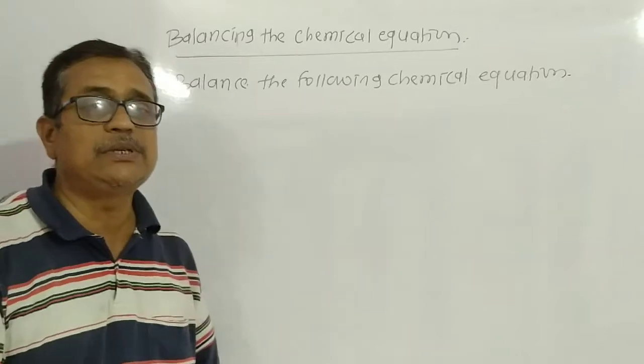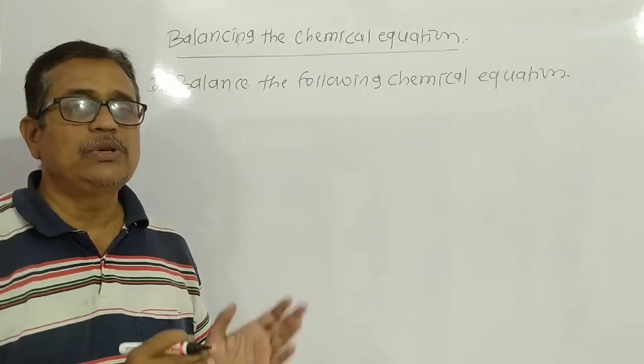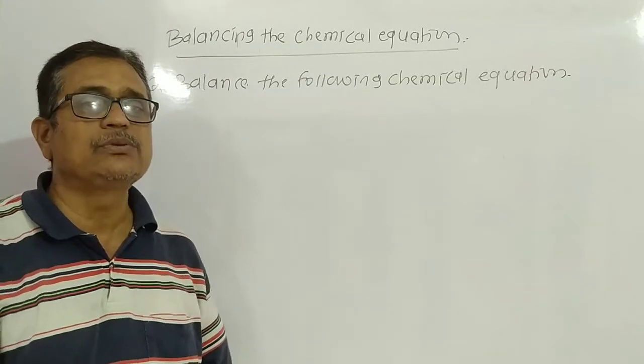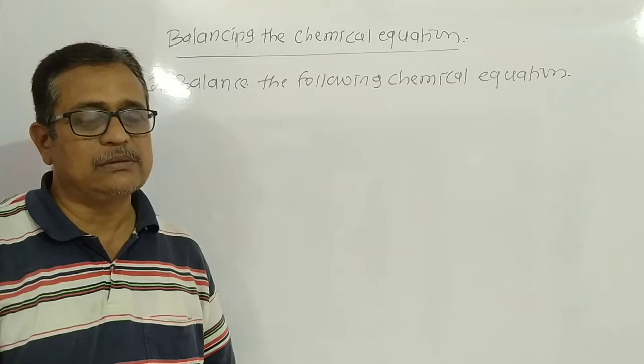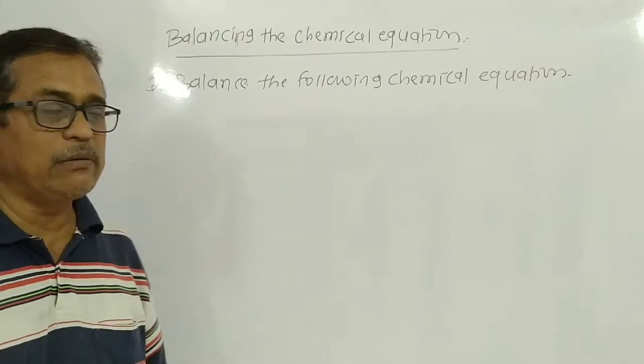There are some steps involved. We only use coefficients on the LHS and RHS to match the number of atoms on the LHS and RHS. Look here, that is how we balance a particular equation.